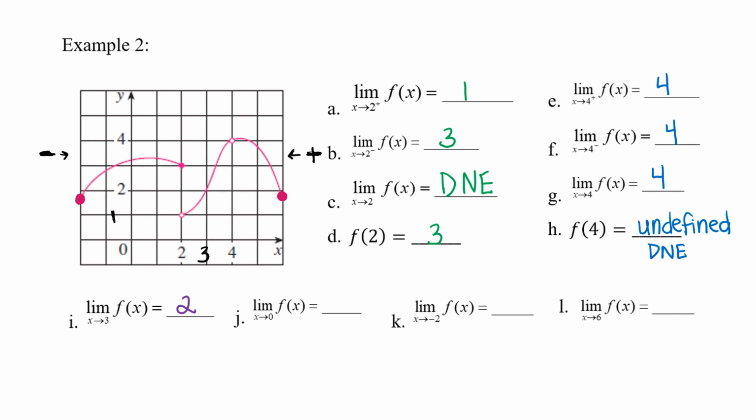Now we'll take a look at the limit as x approaches 0. So starting from the right, as our x gets closer to 0, it looks like we're getting somewhere a little more than 3. And then as we're approaching from the left, we're also getting something that's a little bit more than 3.